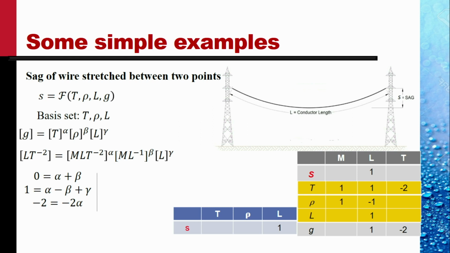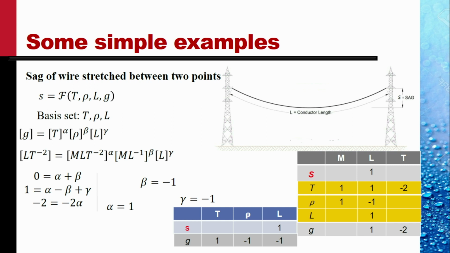Similarly, for time, minus 2 is equal to minus 2 alpha. From these, we can solve for alpha, beta, and gamma. Alpha comes out to 1. From this, beta is equal to minus 1, and then gamma is equal to minus 1. So the dimensions of g are T divided by rho L.